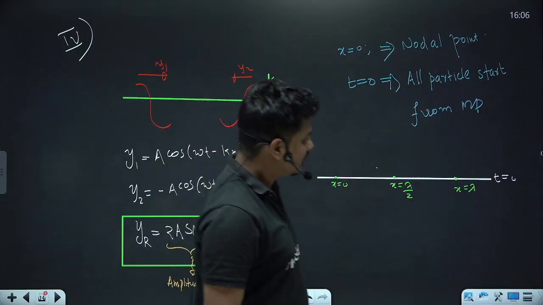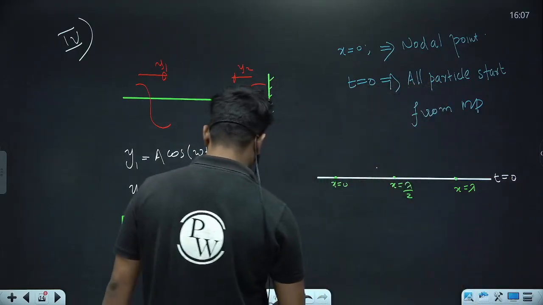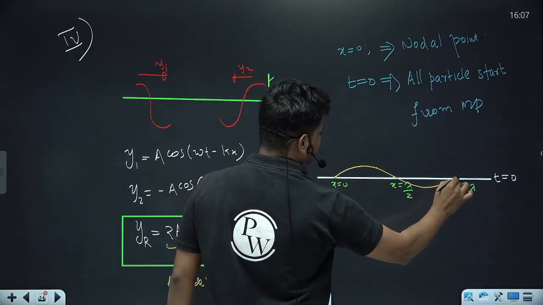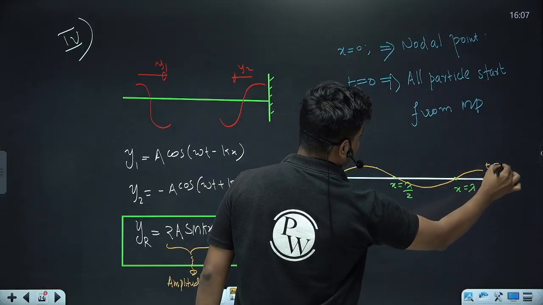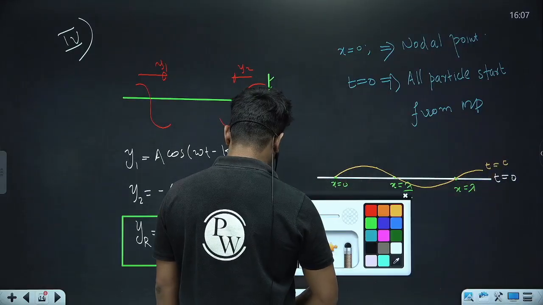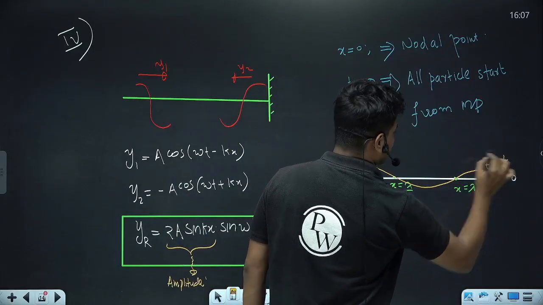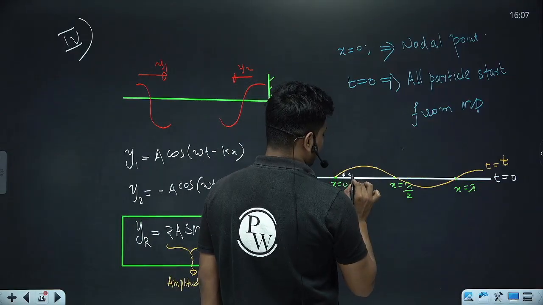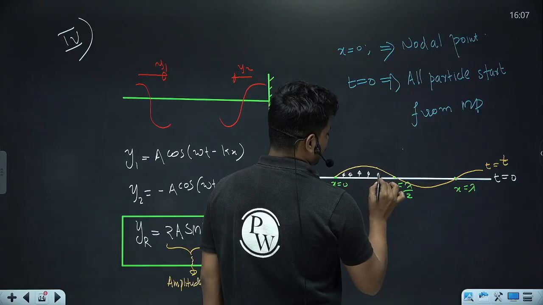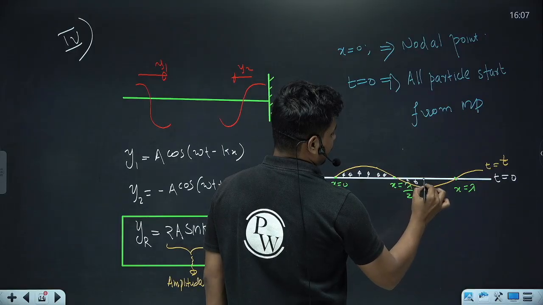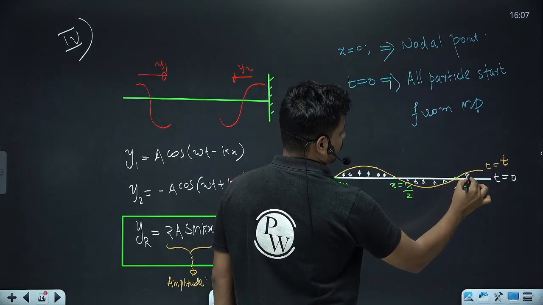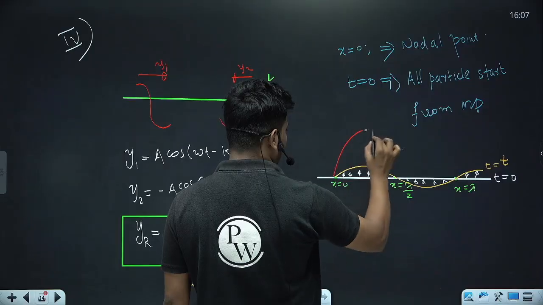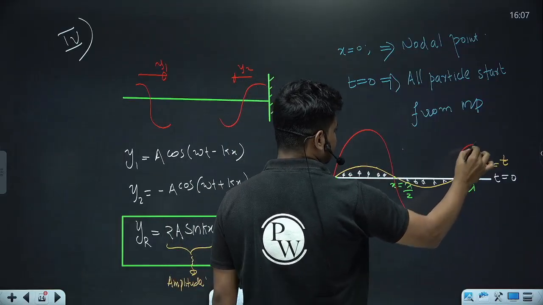Then after some time, what happens? It goes like this. When t equal to T, that means what time? Initially every particle tries to move like that, and at T by 4, it reaches the maximum amplitude.